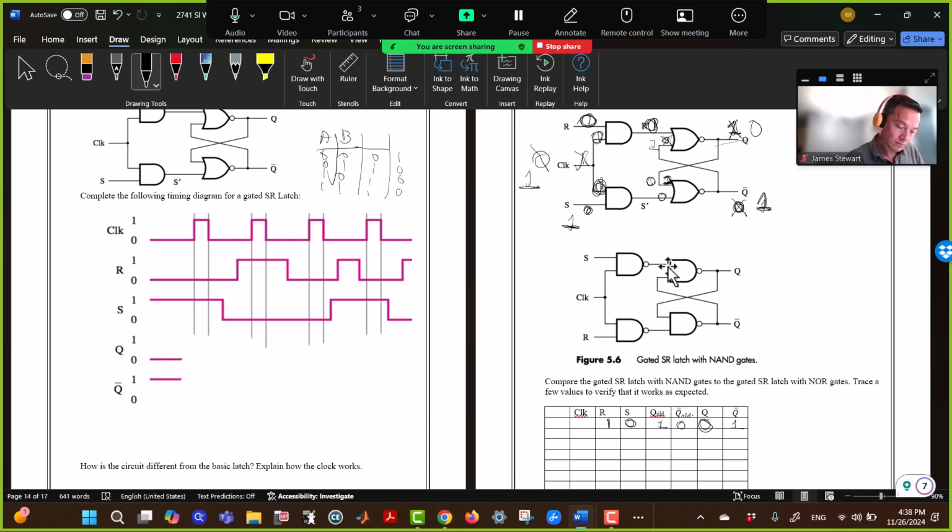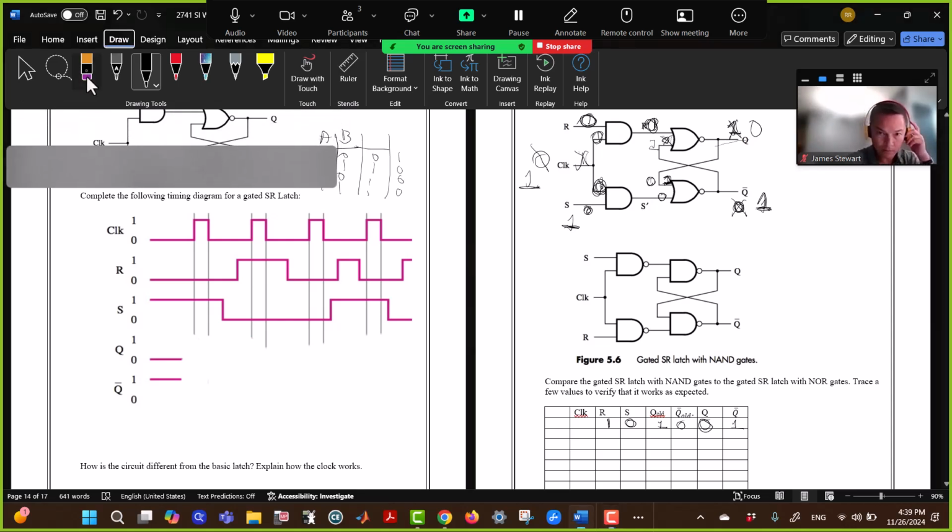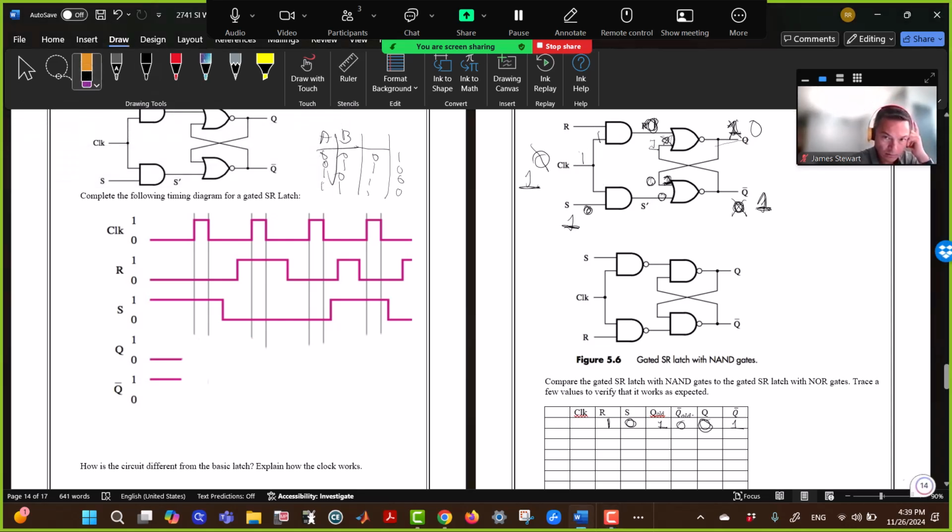So we're starting with this being 0 and this being 1, and our clock is 1, and now we're setting S equal to 1 and R equal to 0.